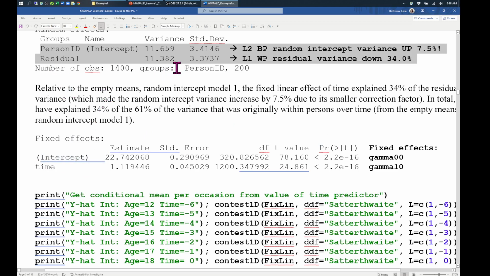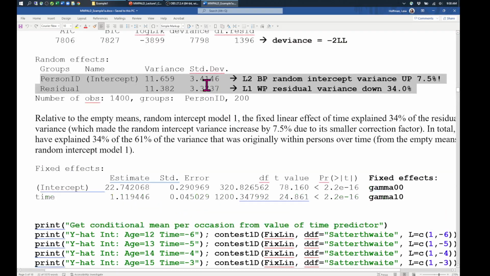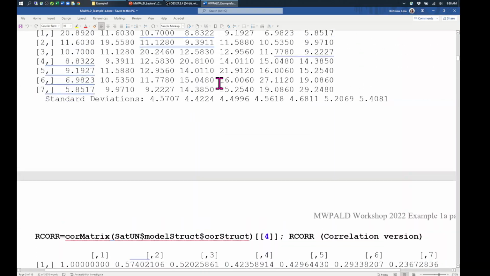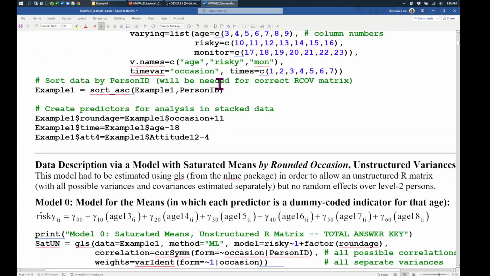I'm confused. I thought we used age as a predictor, but now it says time. Aging is time, basically? Yes. So time is the name of the predictor that I created back at the beginning, right here. So it's age minus 18, a new variable that I'm calling time.